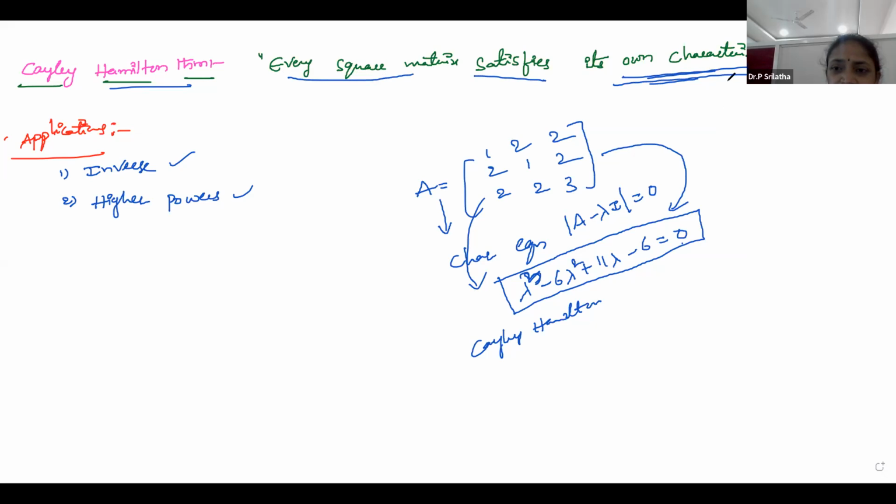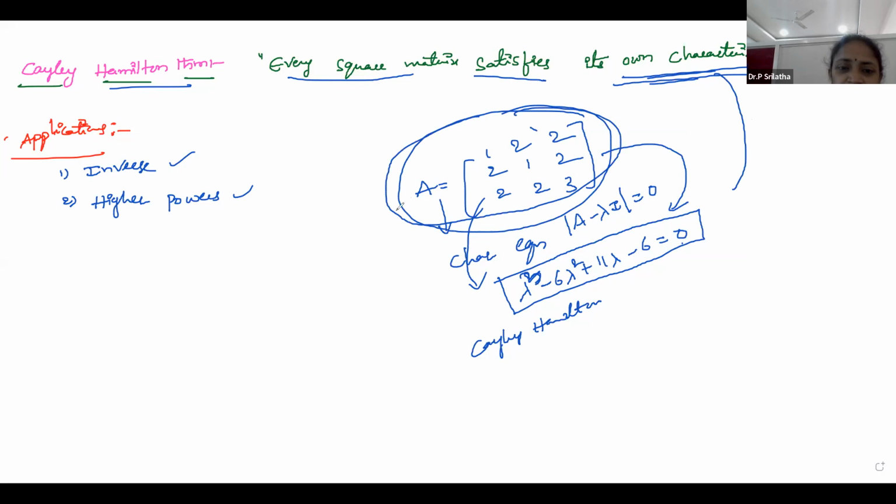The square matrix is A, and it satisfies its own characteristic equation. So instead of lambda, we have to put A.